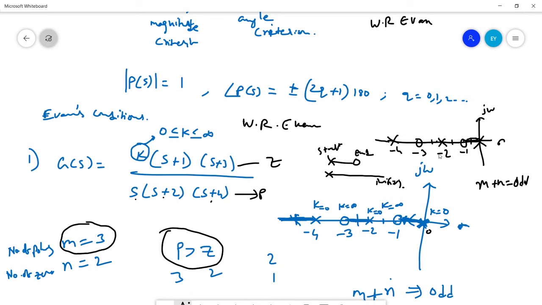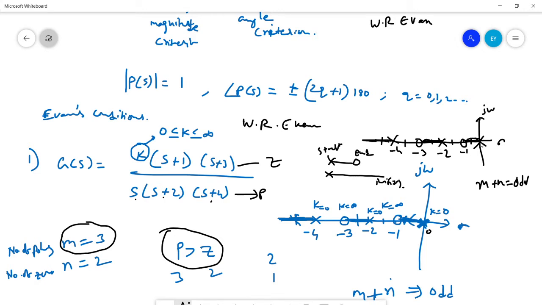Take another point here, look towards your right side, the number of poles plus zeros is equal to 3, therefore a root locus exists here. Then take a point here, there is an even number of poles and zeros, so there won't be a locus here. Then come here and check: after minus 4 there are a total of 5 poles and zeros, so there exists a locus here.